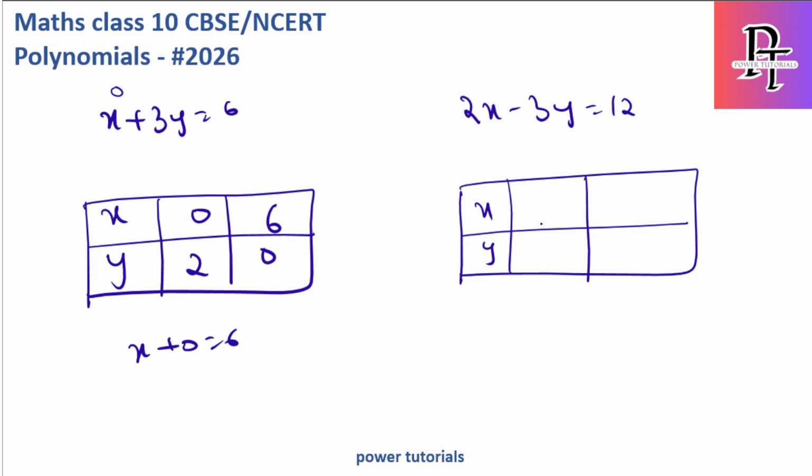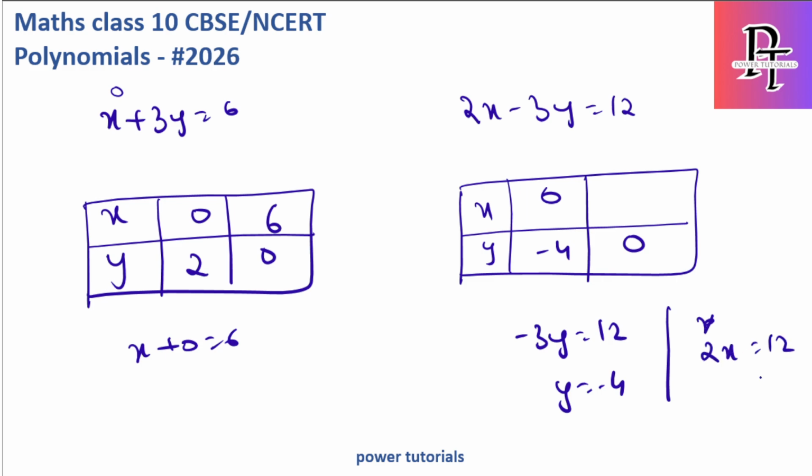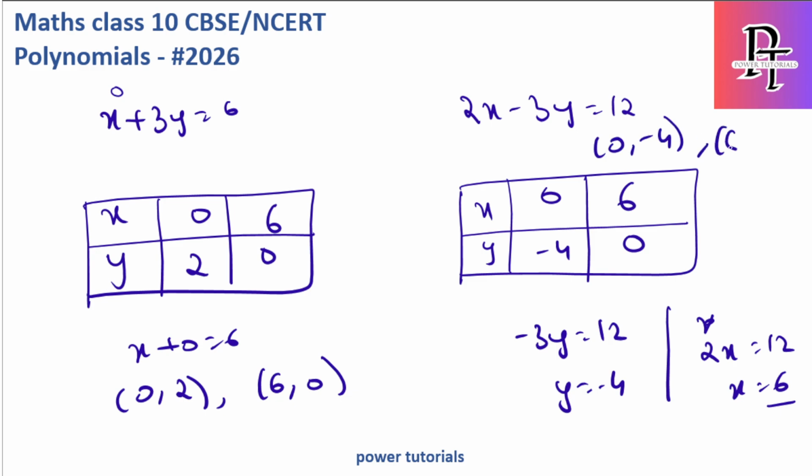Same way here, x as 0, then it becomes minus 3y is equal to 12, so y value is minus 4. If I keep y as 0, I will get 2x is equal to 12, then x value will be 6. So I got the points which are 0, 2, 6, 0. In the second equation it is 0, minus 4 and 6, 0.